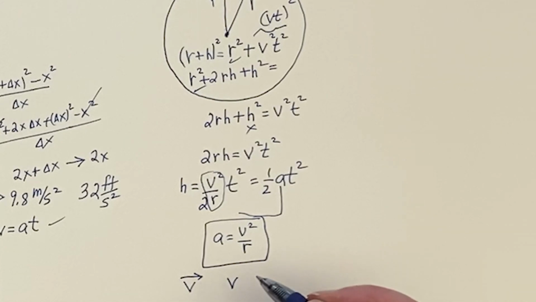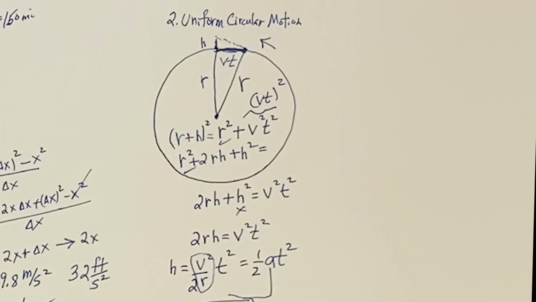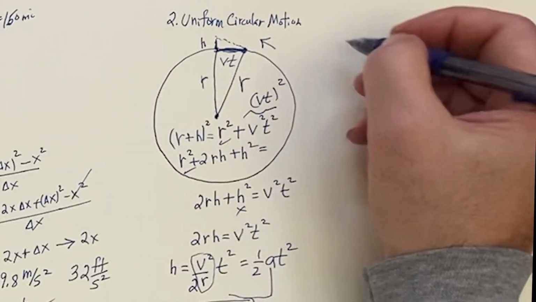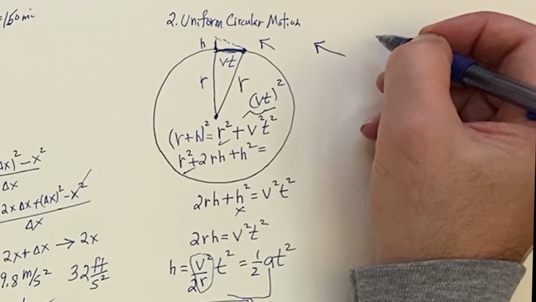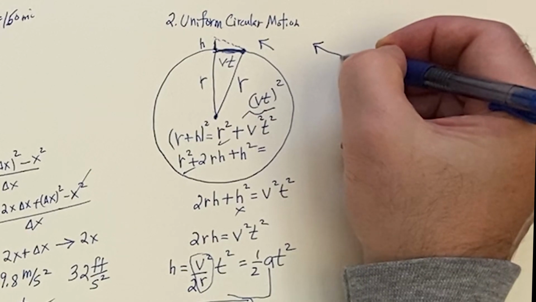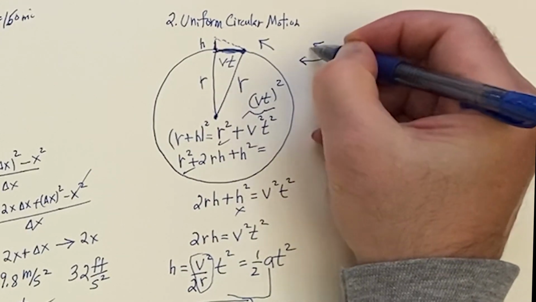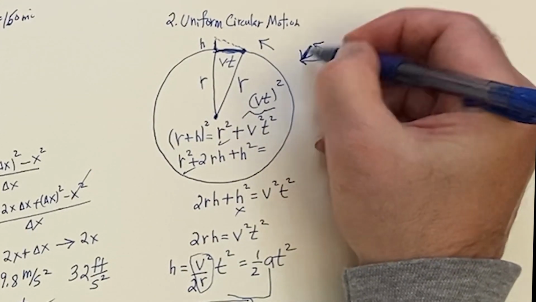You are changing the velocity. Say, if you were going like up here, you were going like that, and then a little bit later you're going this way, then you came down.